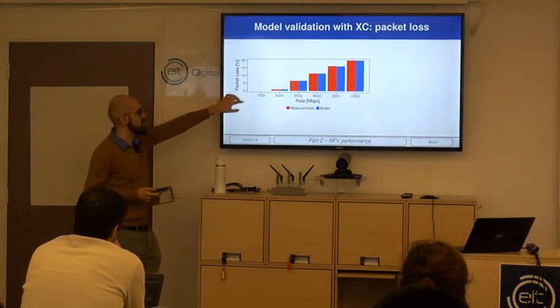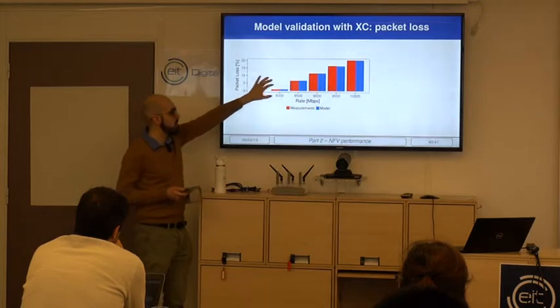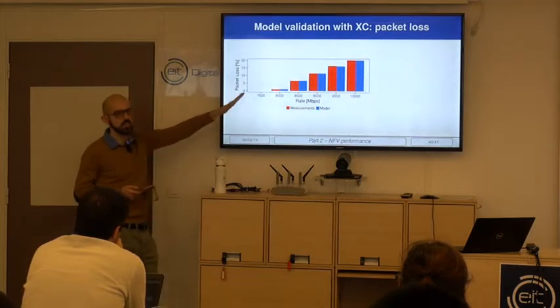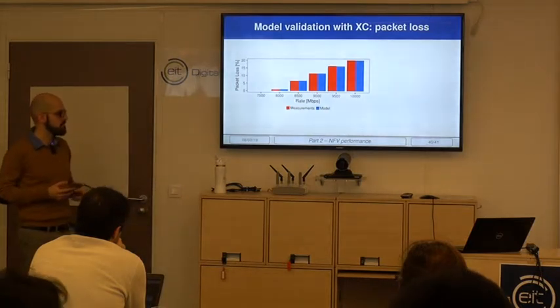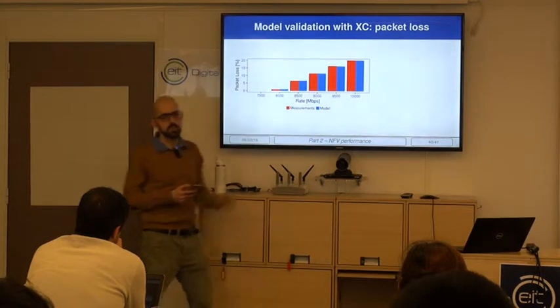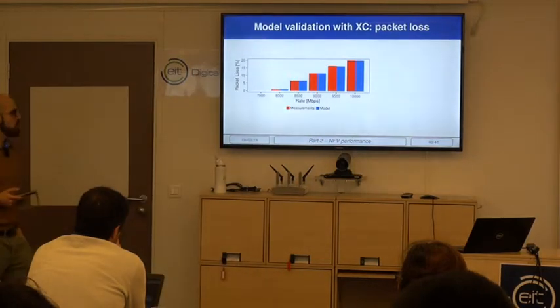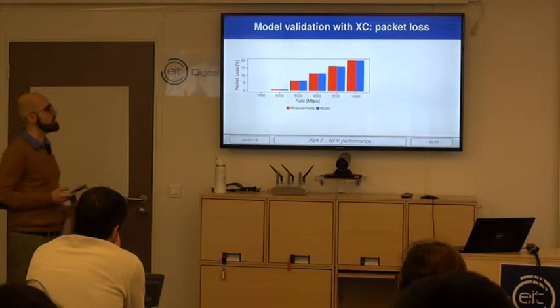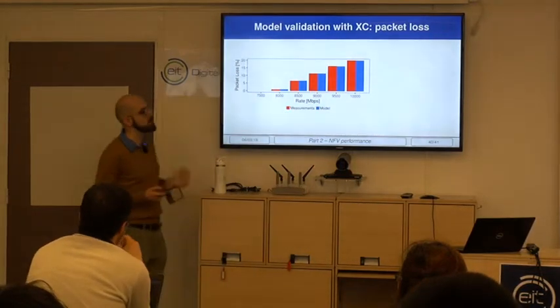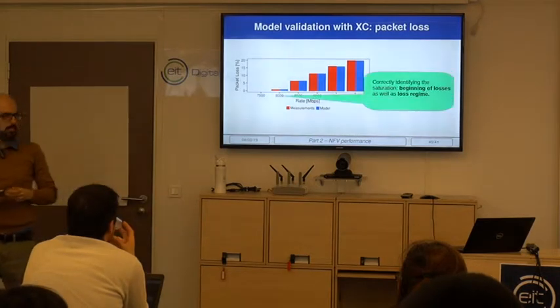We observe that the model is able to catch exactly the beginning of the saturation, here at 8 gigabit per second. And it is also able to detect the evolution of this lossy regime. In particular, at 10 gigabit per second it correctly predicts that we are losing 20% of all the packets.